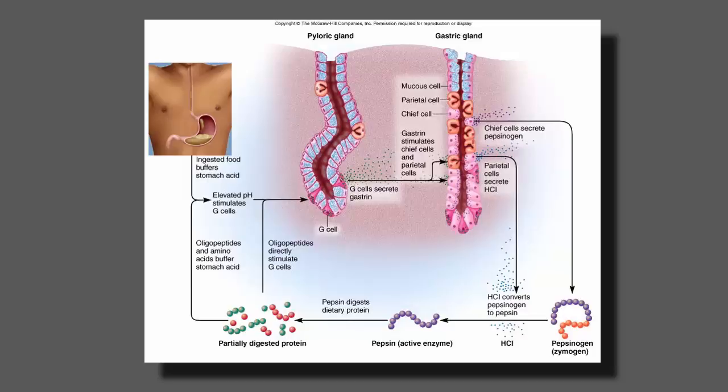So as stomach contents become more alkaline, enteroendocrine cells are stimulated to release gastrin, whereas if the stomach contents are more acidic, enteroendocrine cells are inhibited and do not produce gastrin. So what we see at work here is a wonderful negative feedback system that is maintaining the pH of the stomach at an optimal range between 1.5 and 3.5.